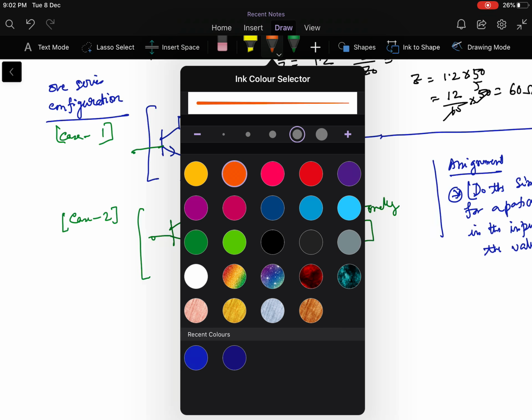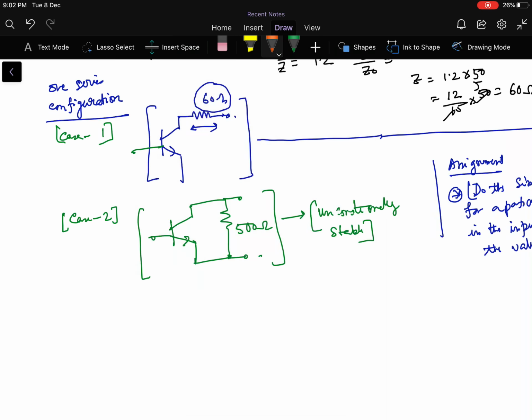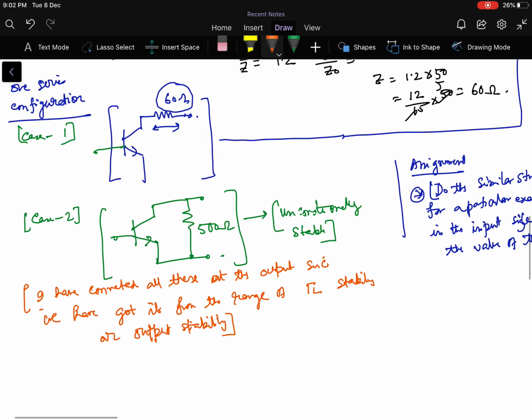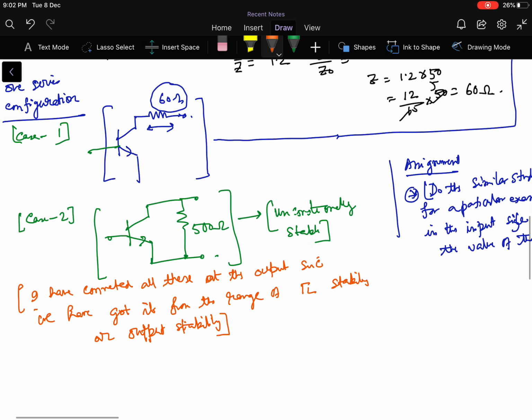It is also a very important point: I have connected all these at the output, since we got them from the output stability. If you do it from the input side, you obviously have to connect it on the input side.